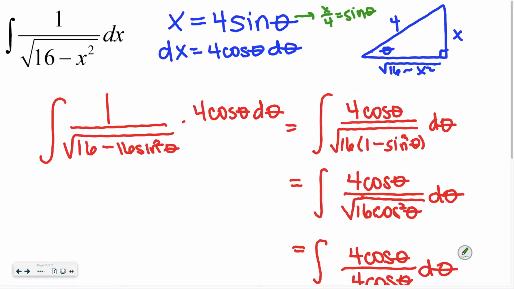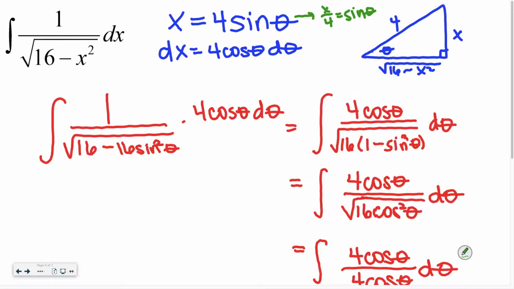So theta is the same thing as arc sine of x over 4. But how do you know that you're supposed to use x over 4 and not, say, cosine of theta equals radical 16 minus x squared over 4?